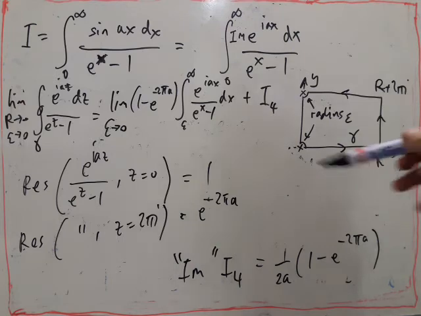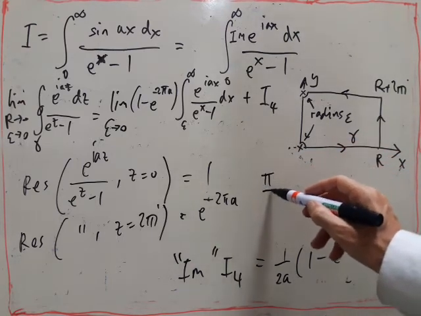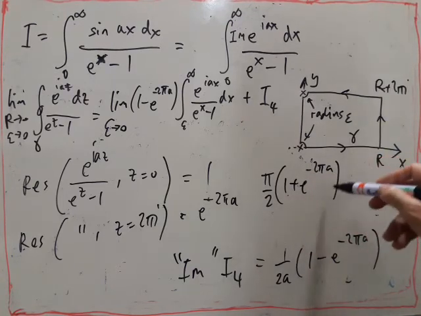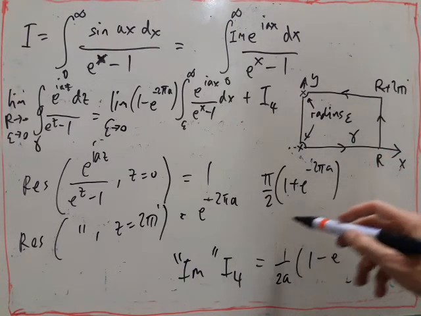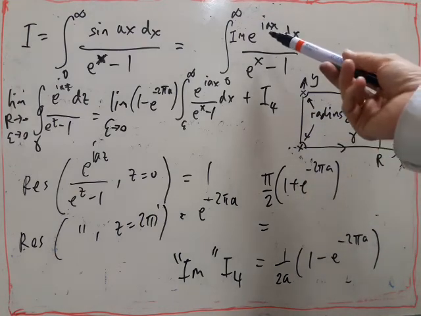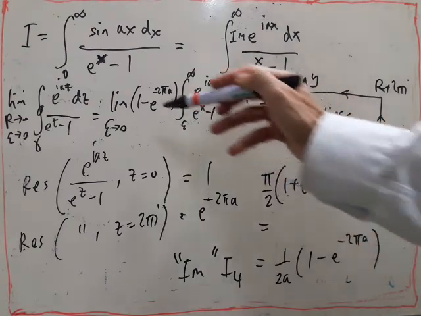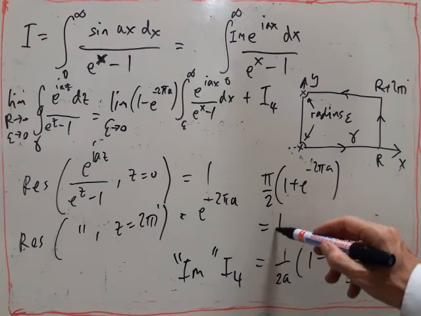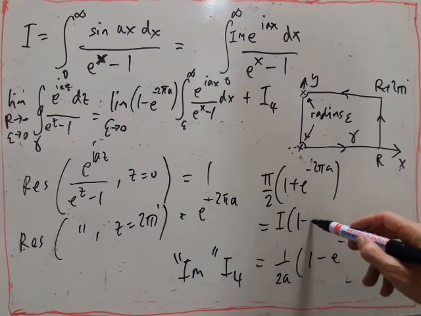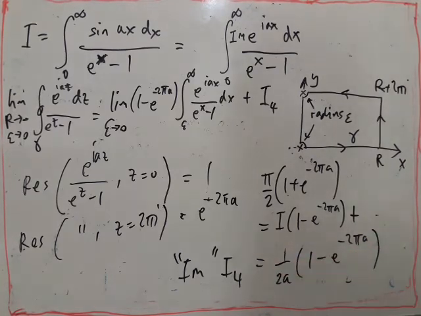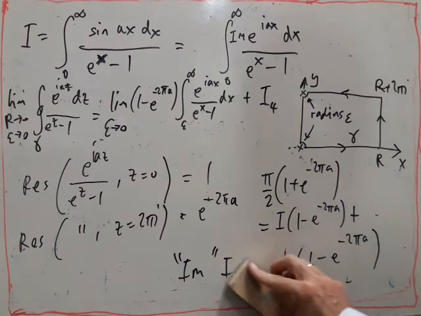So that just gives us pi by 2 times 1 plus e to the minus 2 pi a is equal to, we're taking the imaginary part, so the imaginary part is basically what we want, so it's i times this, plus this thing here, I4, which I can just conveniently write like that.